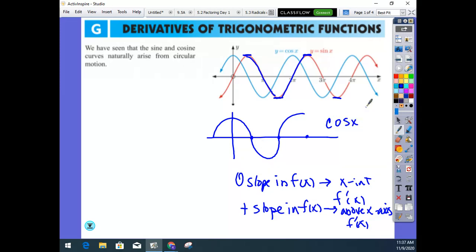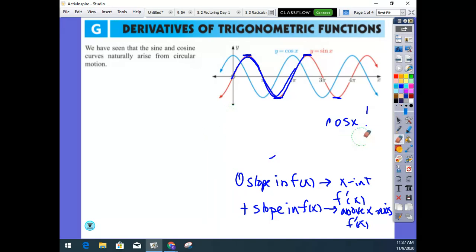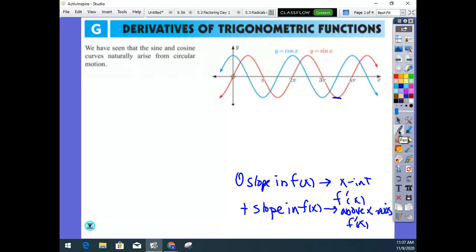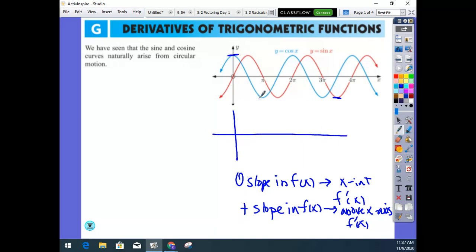Cosine. What that means is the derivative of sine is cosine. Let's do the same thing with the cosine curve. So let's look at the blue line now. Zero slope, zero slope, zero slope.